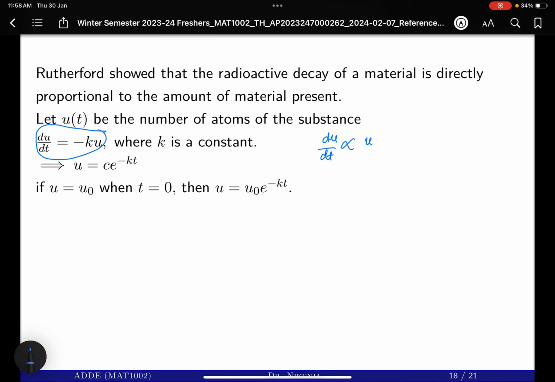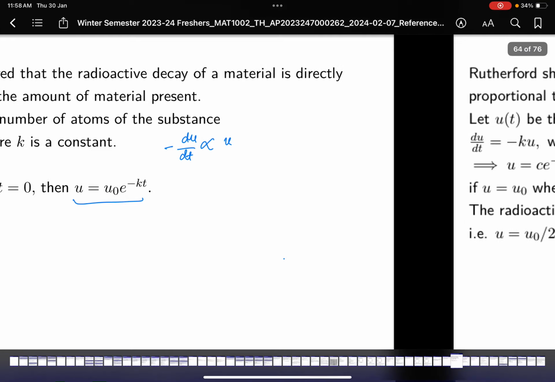Decay means something is getting destroyed, so minus du/dt is directly proportional to u. From here you get this equation, and again you can find the solution like this: u equals e power c into e power minus kt. Now put t equals 0, there will be some initial value for u, and from there you will get this one.